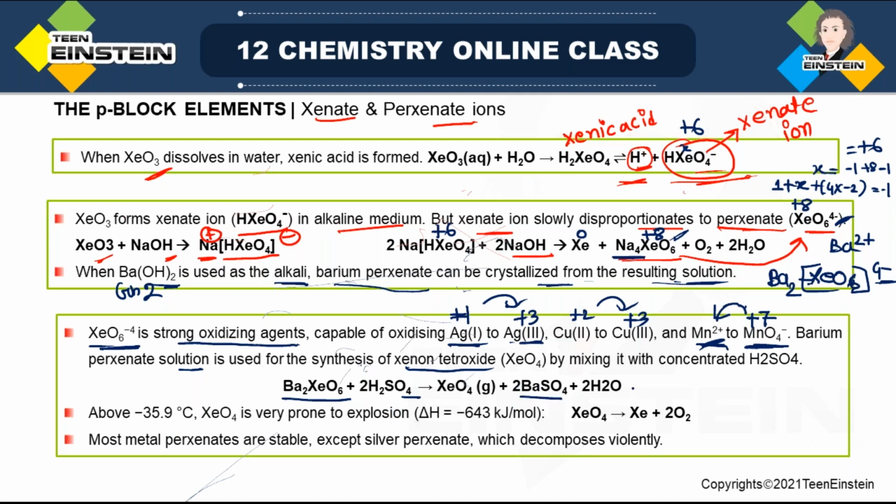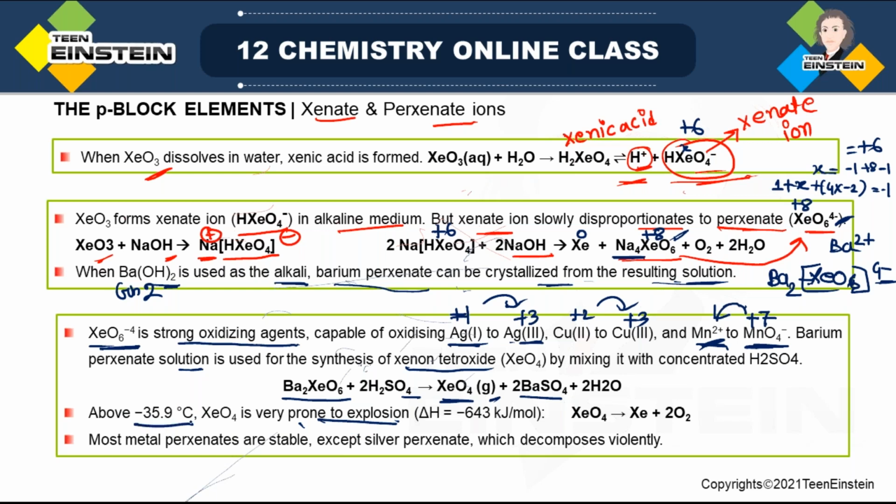It will be precipitated in aqueous medium because it is insoluble, and XeO4, which is gaseous in nature, will be formed. And this compound is actually very prone to explosion.